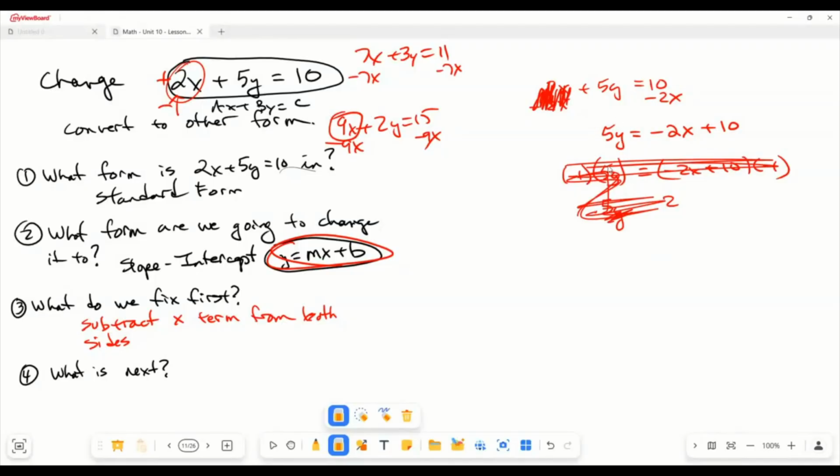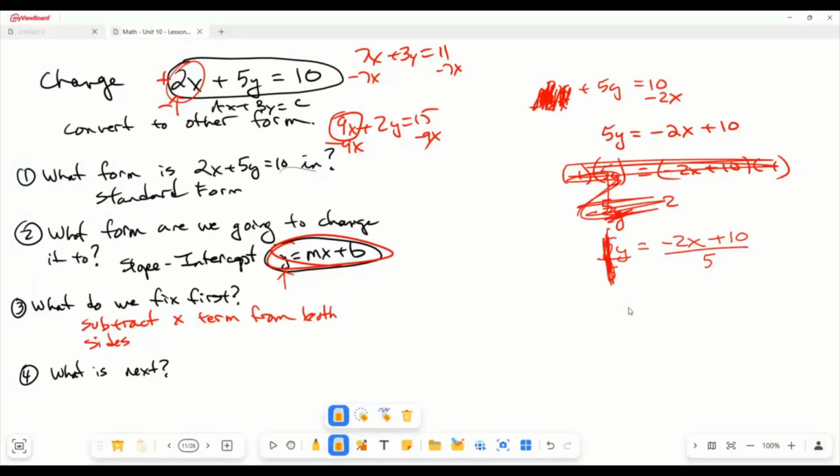So we've got to take this. Let me rewrite it down here. Divide by 5. The whole idea is to get y by itself. The 5 is being multiplied, so we've got to divide by 5 so that we get rid of the 5. The only way to do that is to divide by 5.